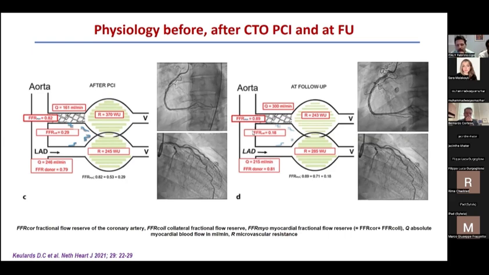It's curious that at follow-up, that myocardial dysfunction resolved with normalization of the resistance of the previously occluded vessel, with normal resistance also for the donor vessel, and the absolute myocardial blood flow in the donor vessel decreases. So the FFR of the donor increases and normalizes if we don't have any stenosis in the donor vessel.